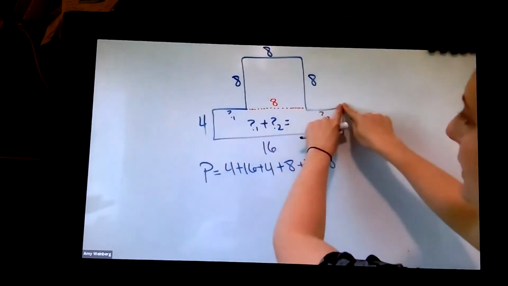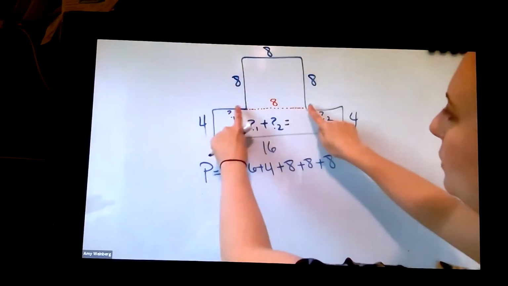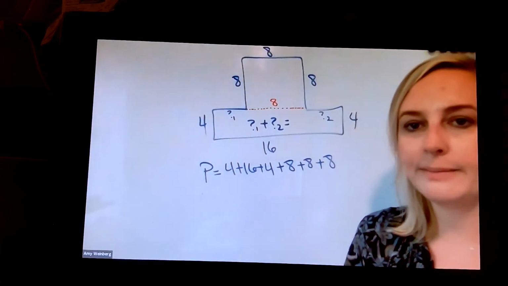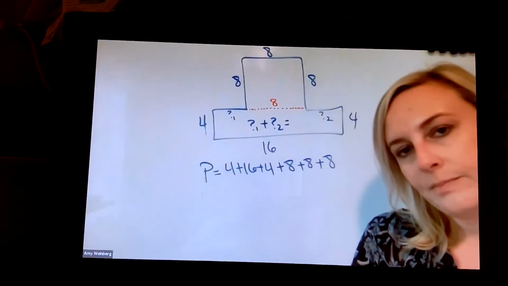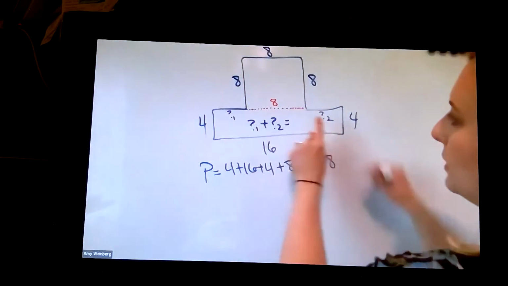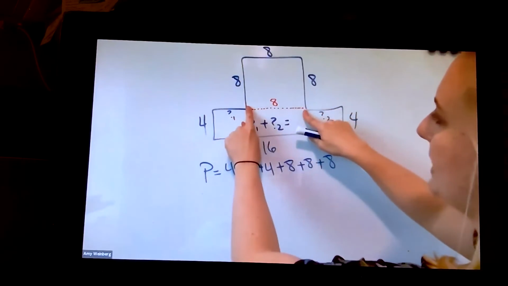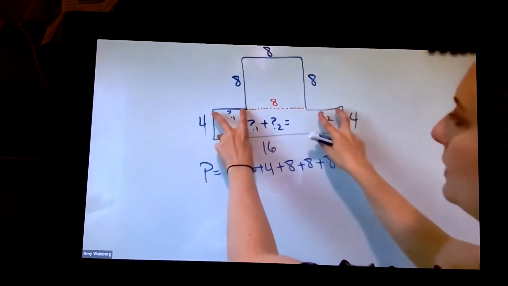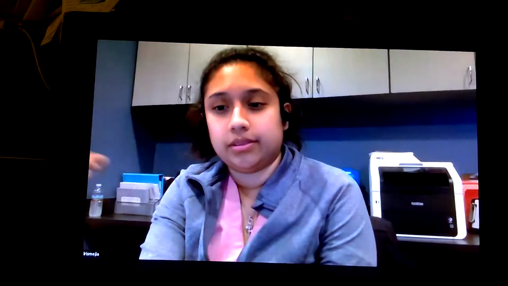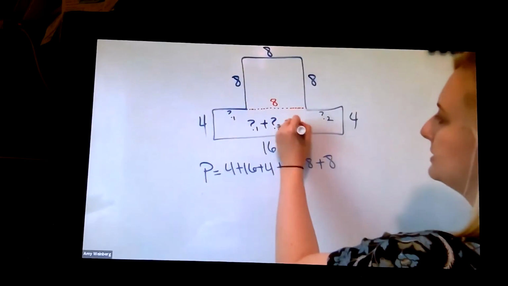If this whole thing is 16 and this piece is 8, what do these two question marks add up to? Can someone tell me? 4. So if this whole thing is 16 and this piece is 8, what do these two have to add up to equal? 8. Right, would equal 8.